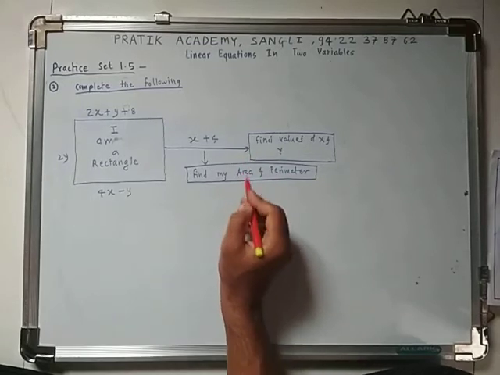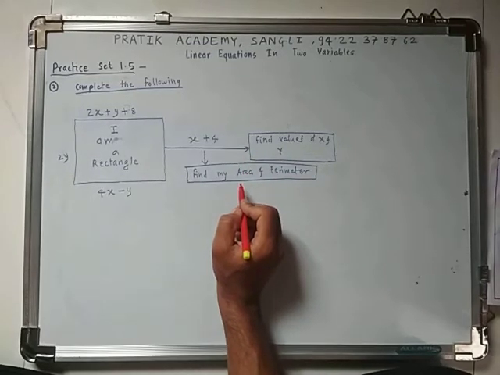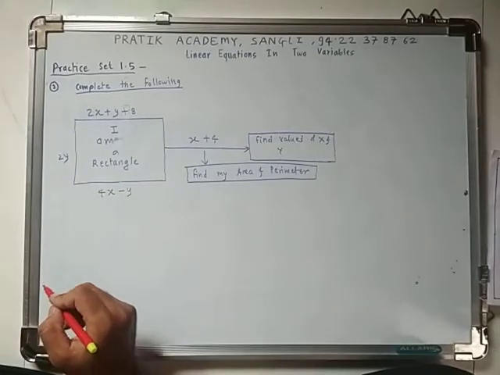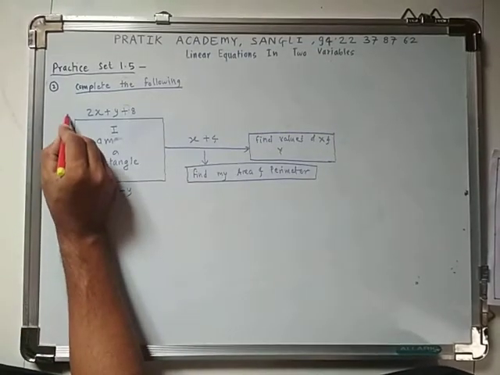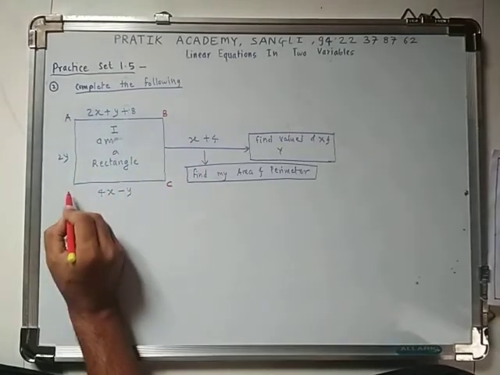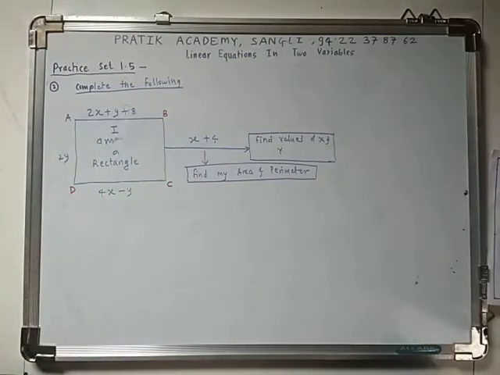It means we have to find the area and perimeter of this rectangle. I will call this rectangle ABCD for my simplification purpose only.